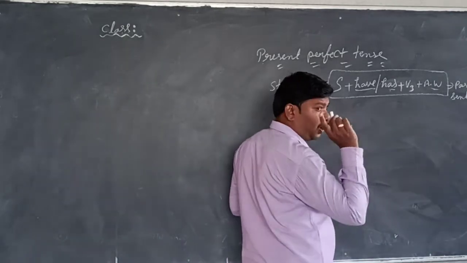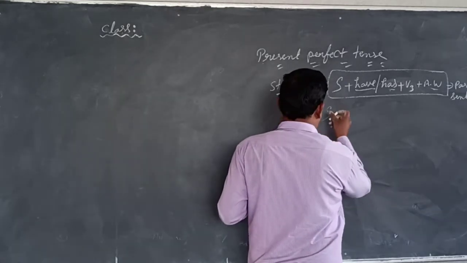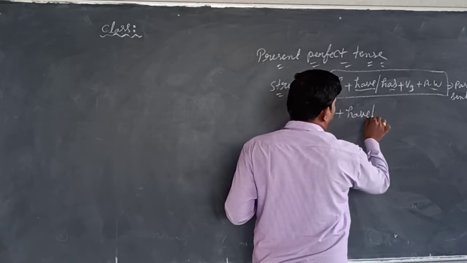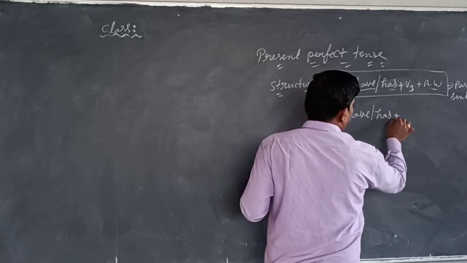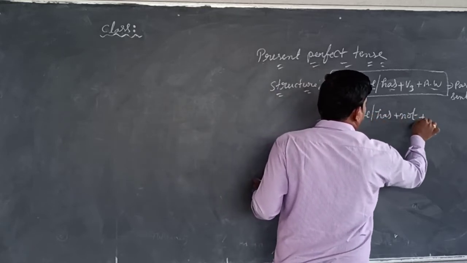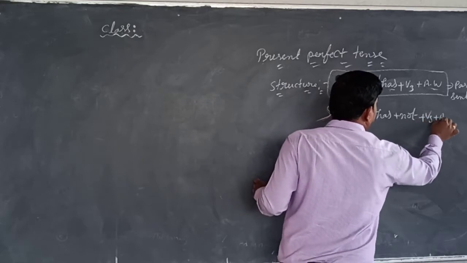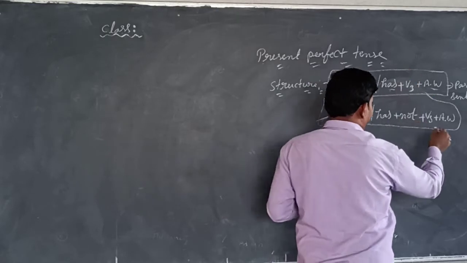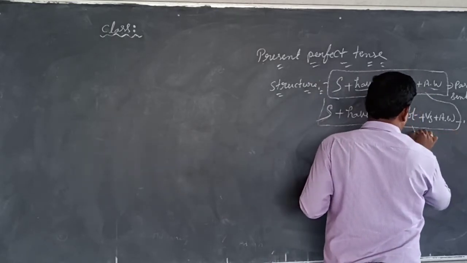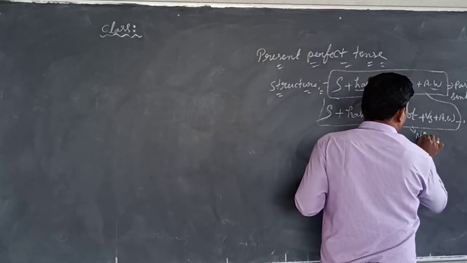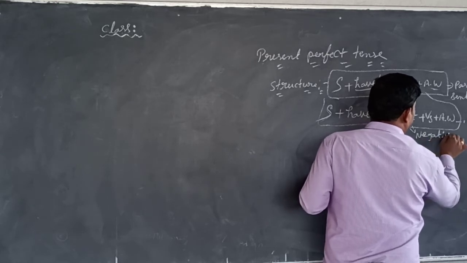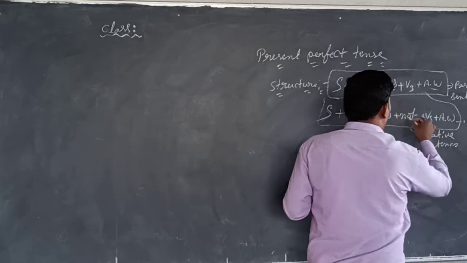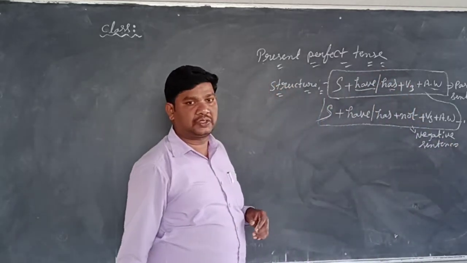So the structure of a negative sentence is subject plus have or has plus not plus V3 plus additional word. This is the negative sentence structure.